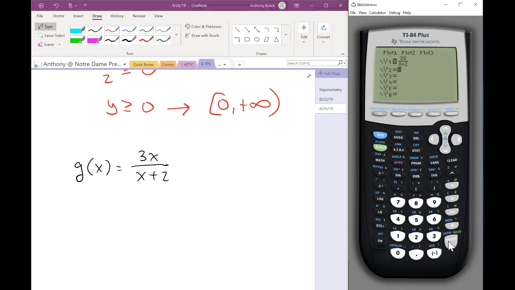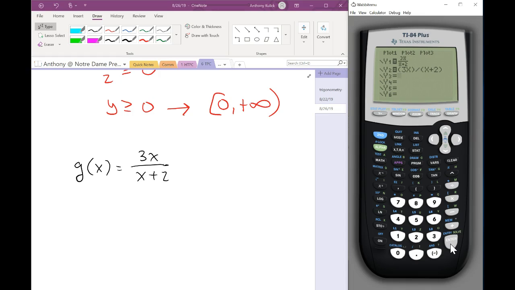Alternatively, you could do the same thing with division, but you have to be a little bit careful with your parentheses. To type this in with just division, I'm going to need to make sure I have a parenthesis around the entire numerator, and then a parenthesis around the entire denominator. Either of these is going to give us the exact same graph.